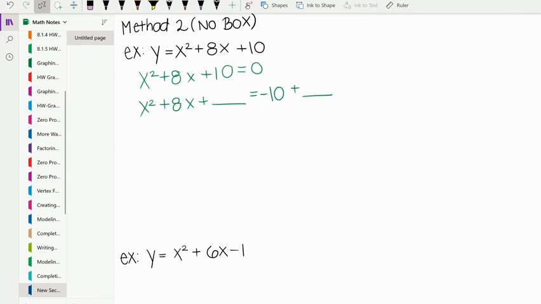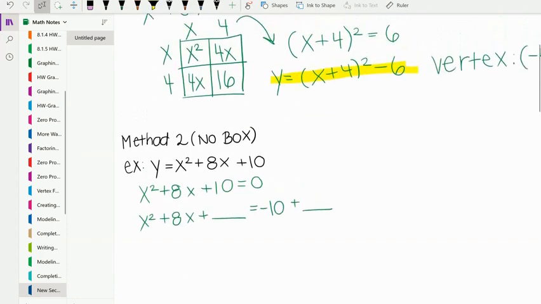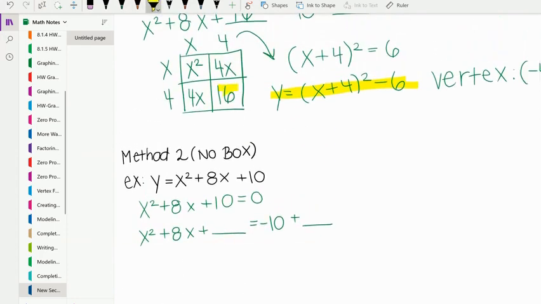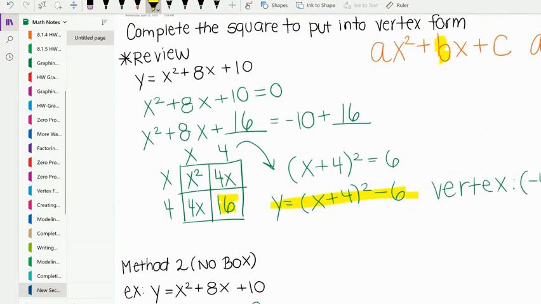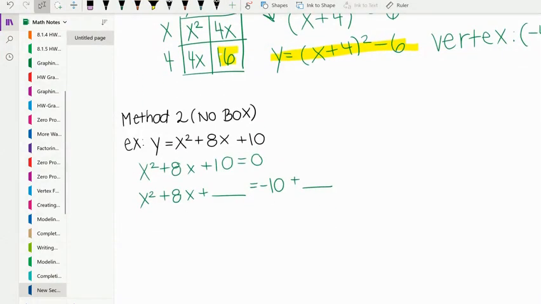What we're doing when we make the box and how we're getting this magic number right here is we're actually just taking that b value, which is 8, and I say b value, I'm referring to that middle term. We divide it in half, and then we square it. So you take your b value, or middle number, divide it in half, and that will give us 4.